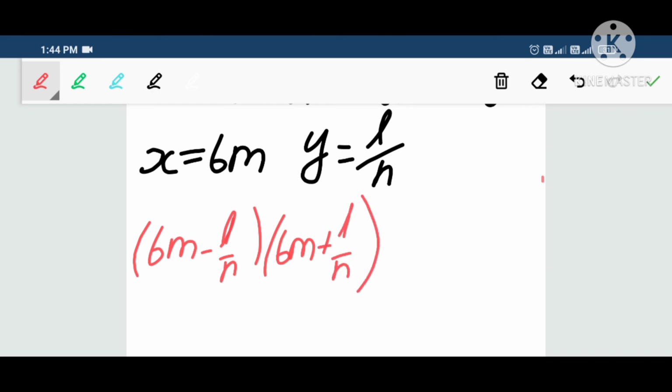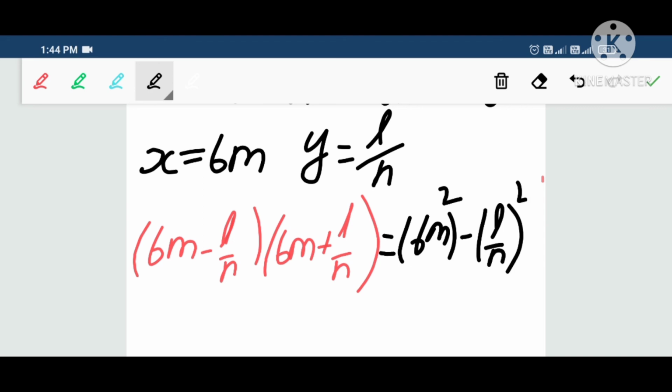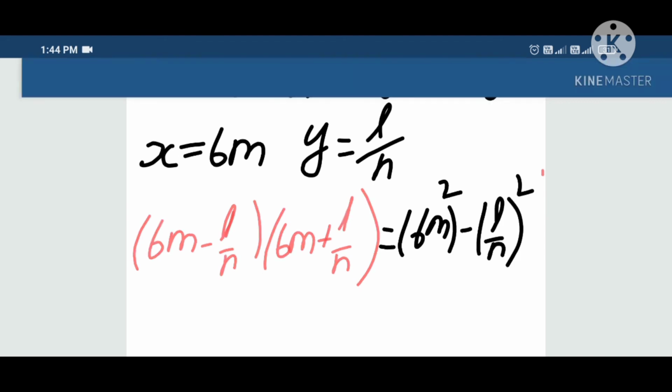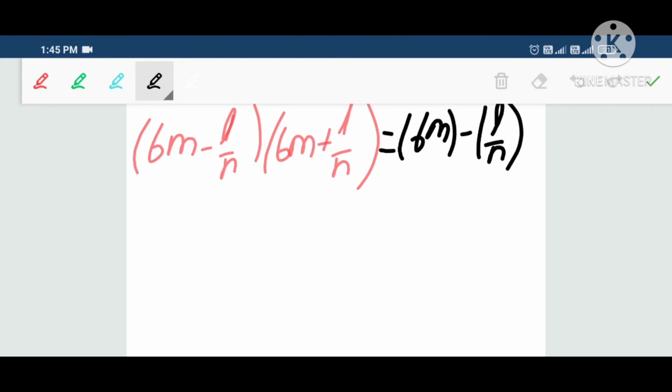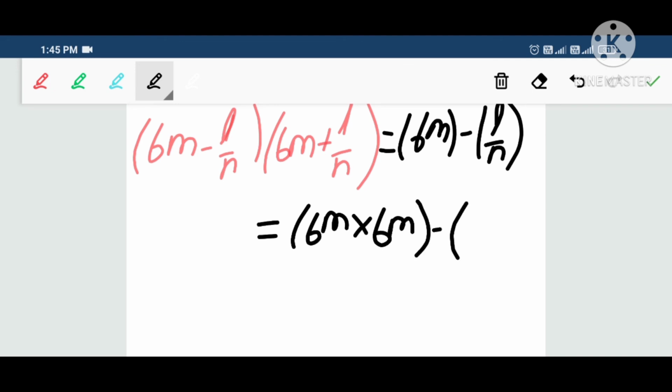So what is the identity here? Use x square minus y square, that is 6m whole square minus L by n whole square. So how can you write 6m the whole square? It can be written as 6m into 6m, minus L by n whole square, it can be written as L by n into L by n.